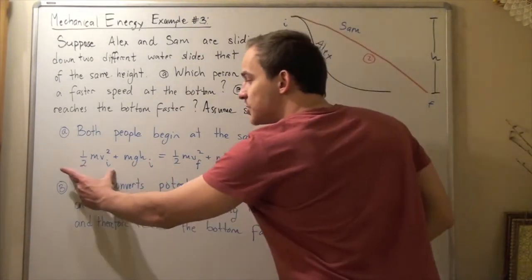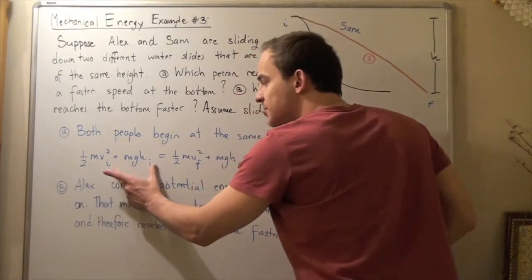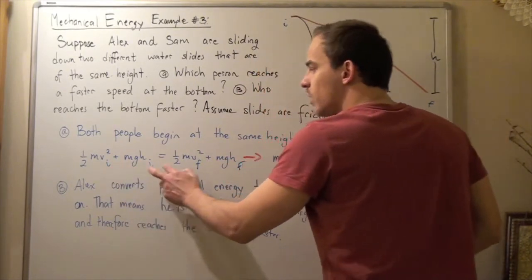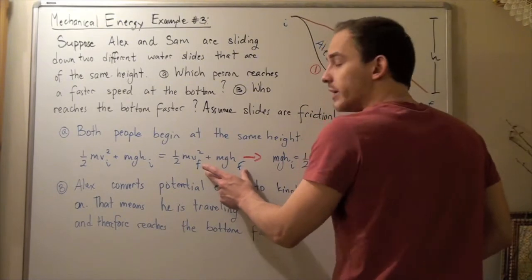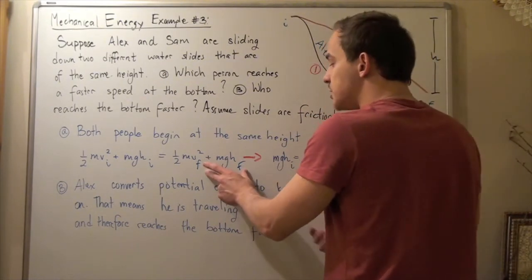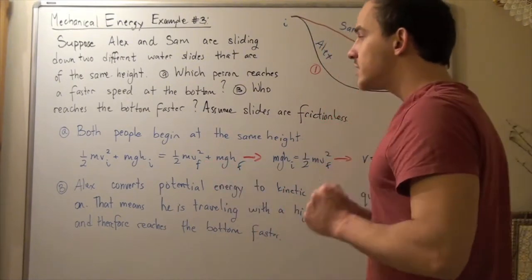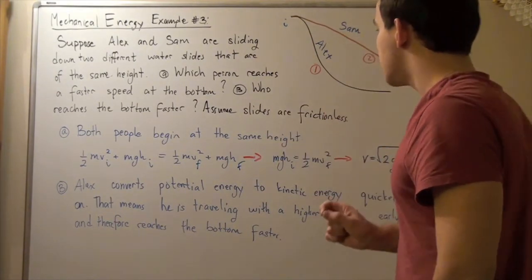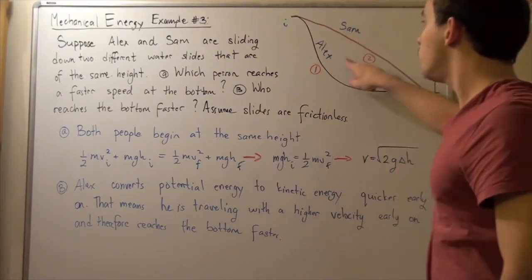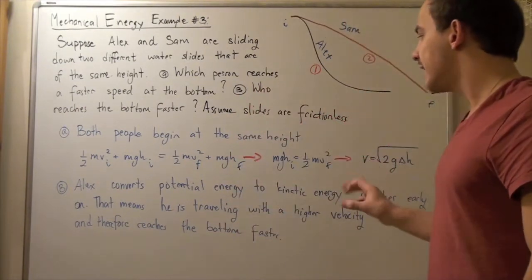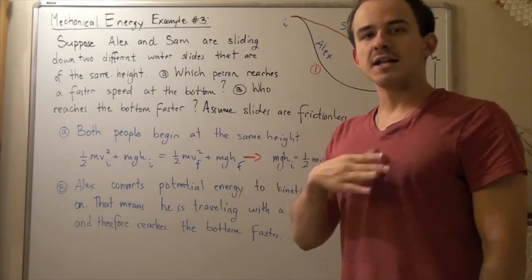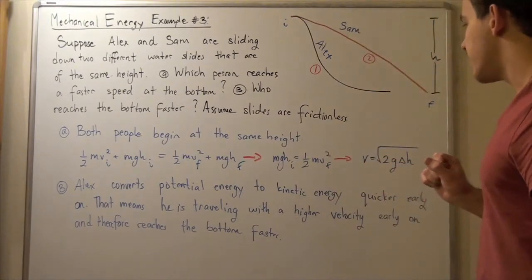Our kinetic energy at the initial point plus potential energy at the initial point is equal to kinetic energy at the final point plus our final potential energy at the bottom. Now notice that we're making the assumption that the mass of both people is exactly the same. But as we'll see in a second, the mass really does not matter. And we'll see why right here.